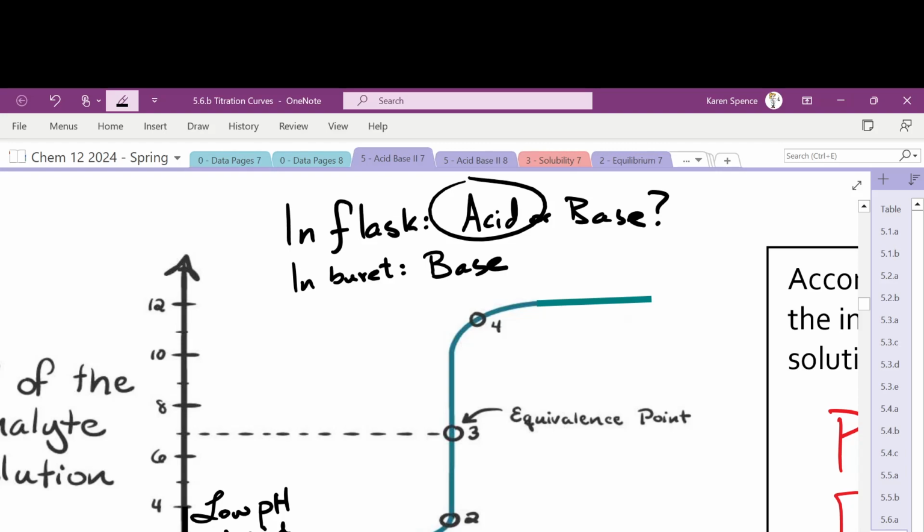And from the shape of this curve, could you tell me if this is a strong acid or a weak acid that is being titrated?